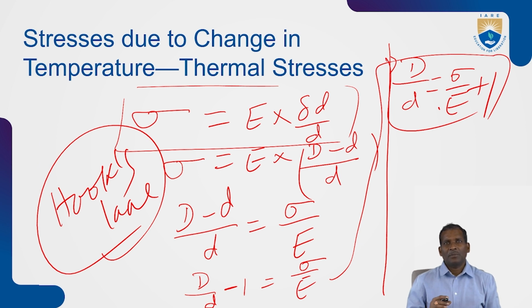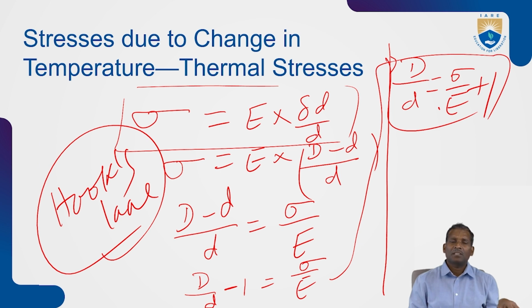This ultimate stress or maximum stress we use in calculating the factor of safety. We already learned the factor of safety topic in earlier sessions. We take this maximum ultimate stress while calculating the factor of safety.